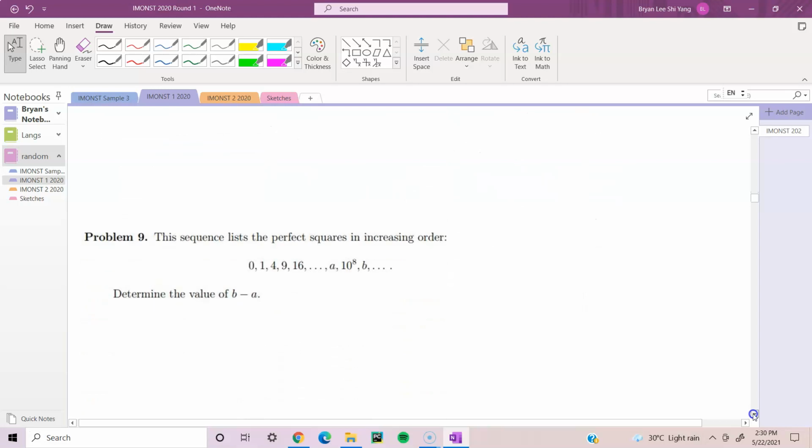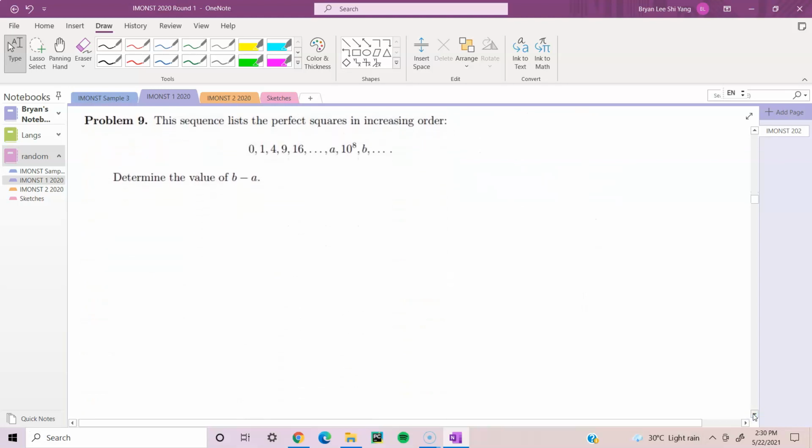Now, for the last question of this video: a sequence lists the perfect squares in increasing order: 0, 1, 4, 9, 16, all the way to A, and then 10 to the power of 8, and then B. So we need to determine the value of B minus A. Now, we know that 10 to the power of 8 is some square, but what is it?